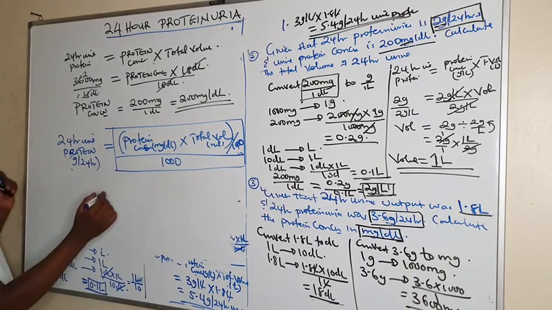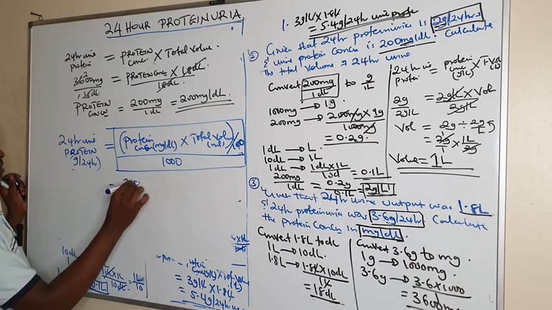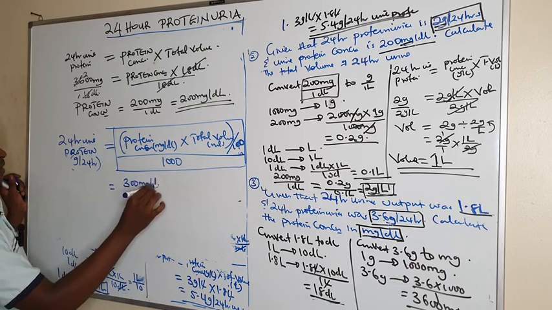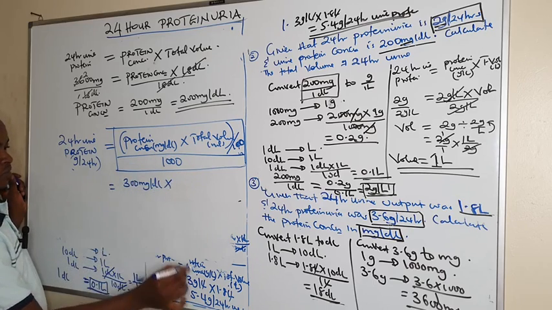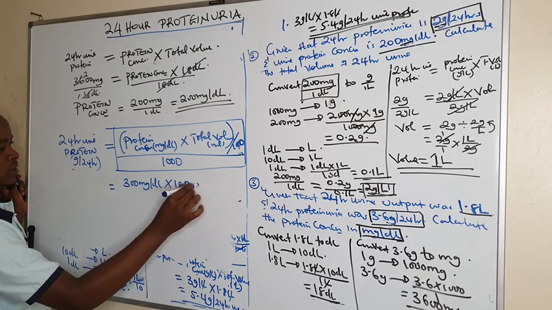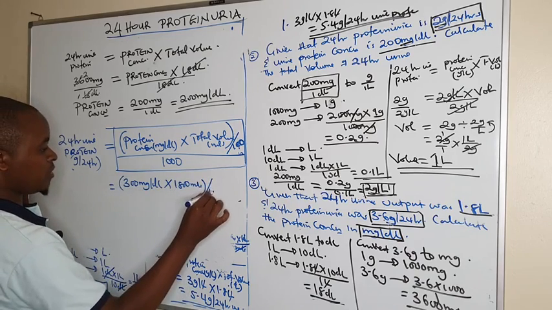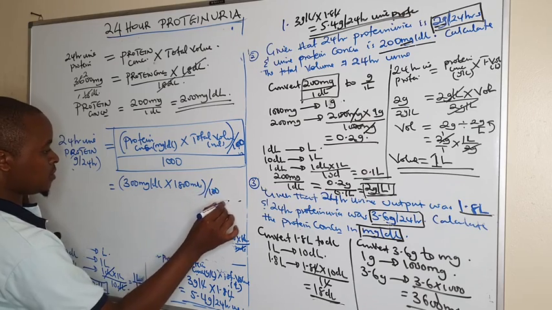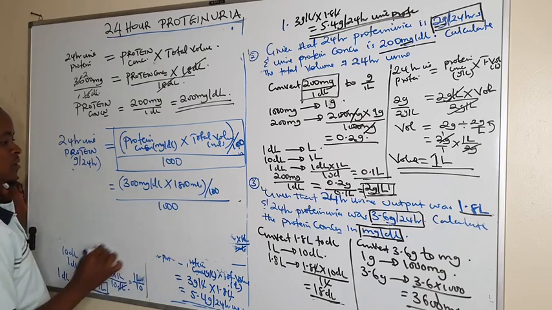You can take your 300 milligrams per deciliter times total volume, which was 1,800 mils, divide this by 100, then everything over 1,000.